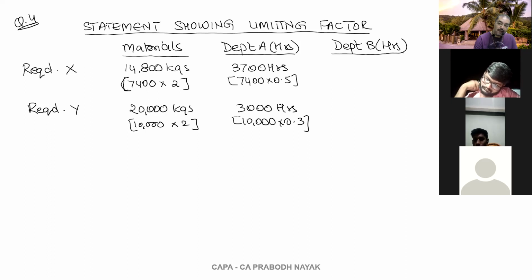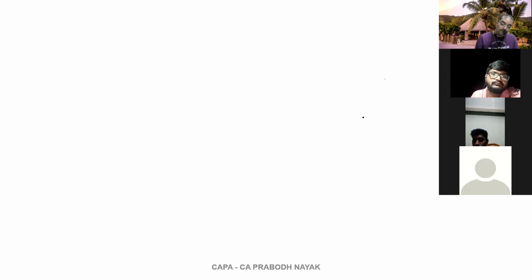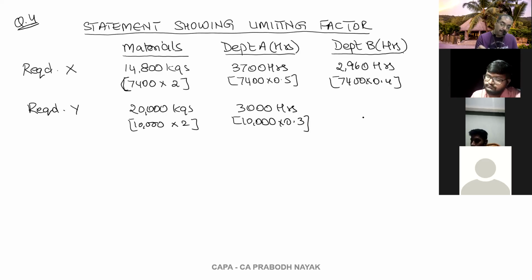Same way for department B, 0.4 into 7,400, 2,960 hours, and 0.45 into 10,000 units. That is 4,500 hours.